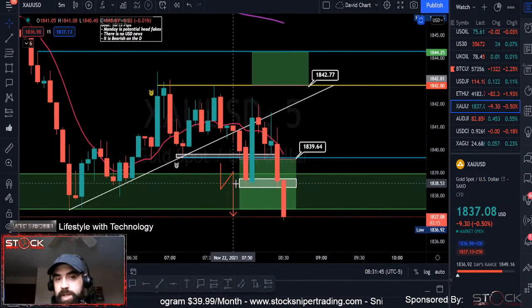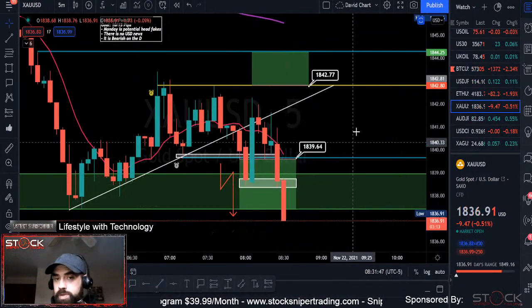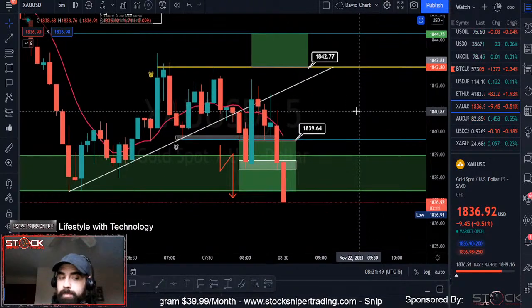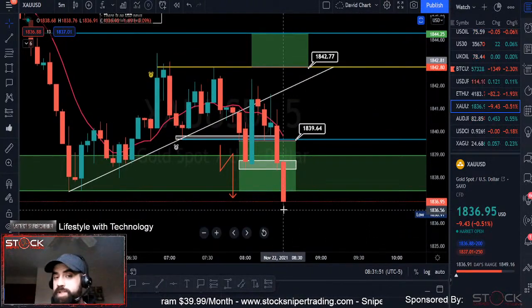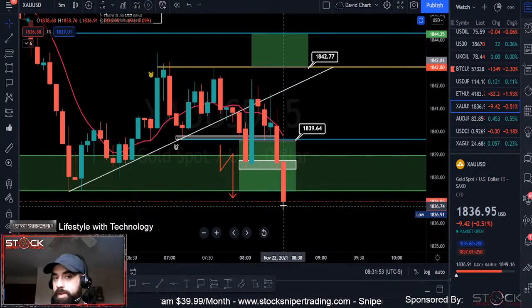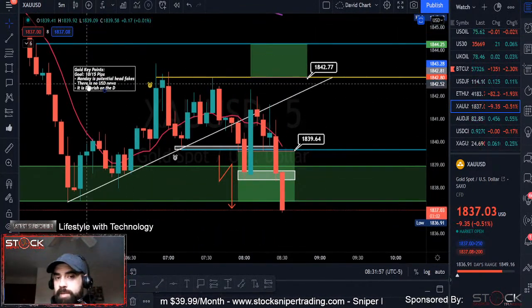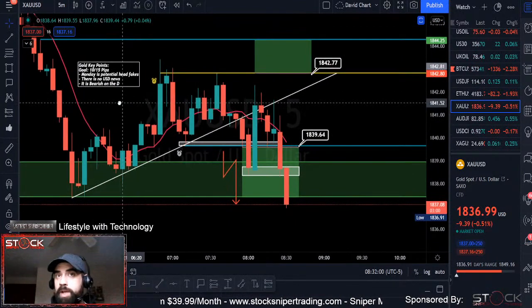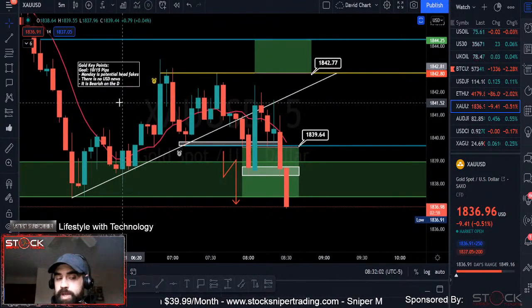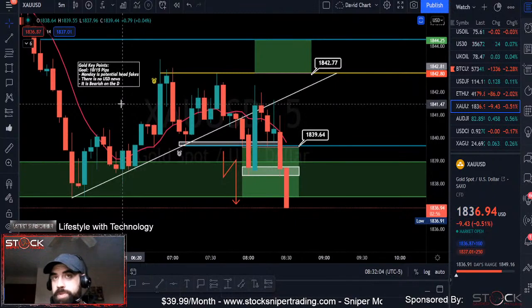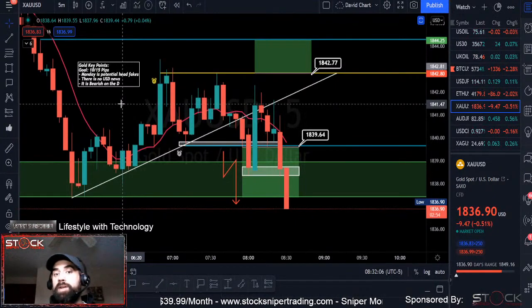Remember, I told you this was the key area, and this is 8:30. I mentioned that 8:30 has nice moves. So this is the overall continuation. And remember, gold is bearish on the daily. That's why when you're trading, you want to make sure you're always remembering higher time frame. Higher time frame.